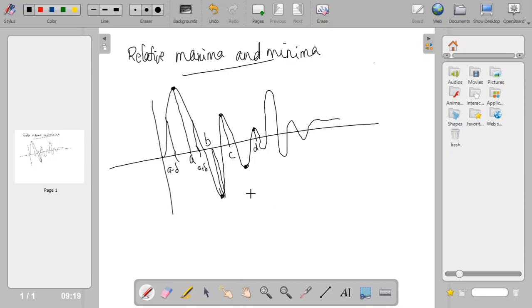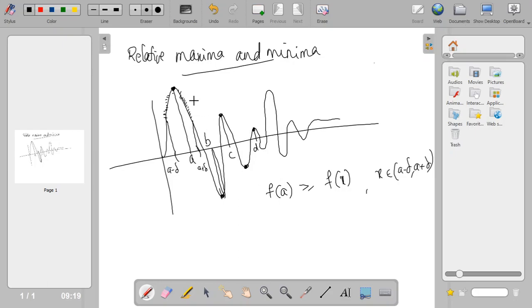If you look at f of A, you can see that f of A will always be greater than or equal to f of x, where x belongs to the interval A minus delta to A plus delta. Whichever f values I take here, they will all be smaller than f of A. Whichever x value I take here, they will always be less than or equal to f of A.